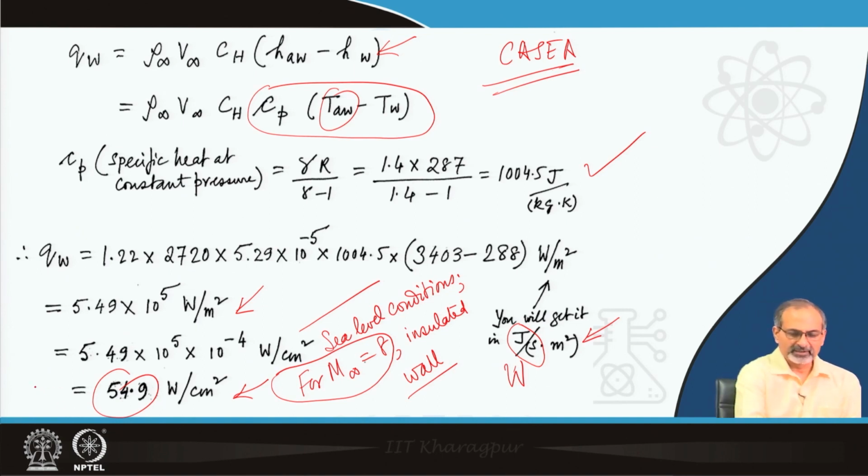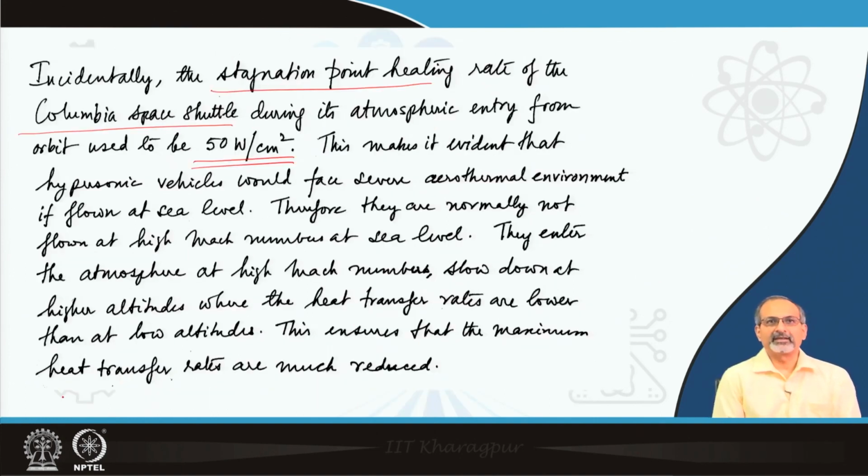We found that the heat transfer rate comes out to be 55 watt per centimeter square. We also took note that it is comparable to, or maybe a little more than, the stagnation point heating that the Columbia Space Shuttle used to face during atmospheric entry, which is a huge amount of heating.